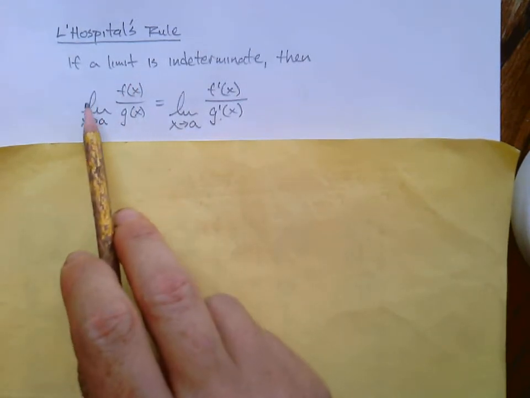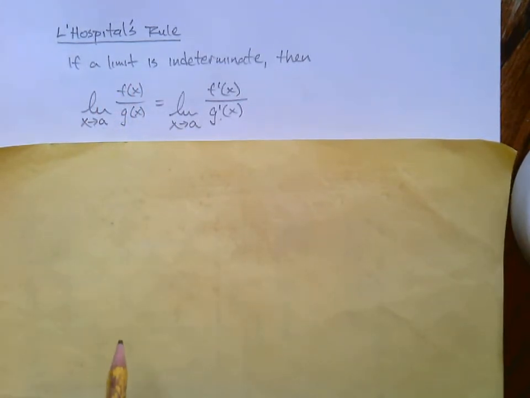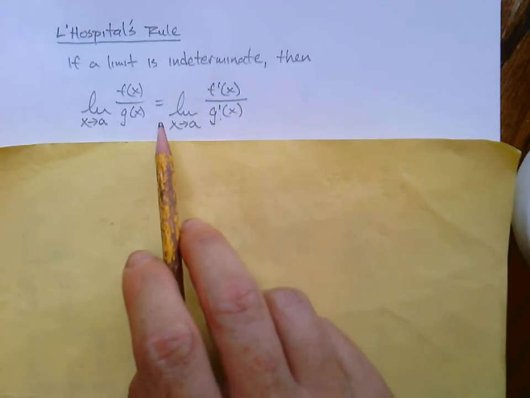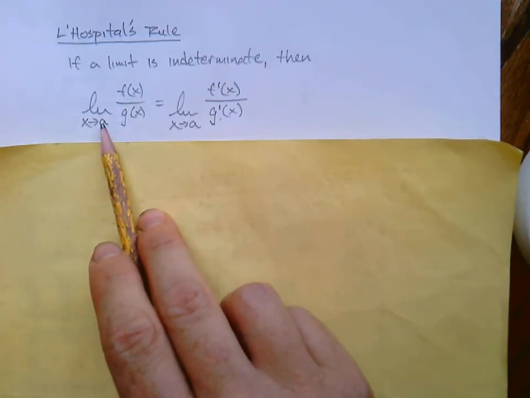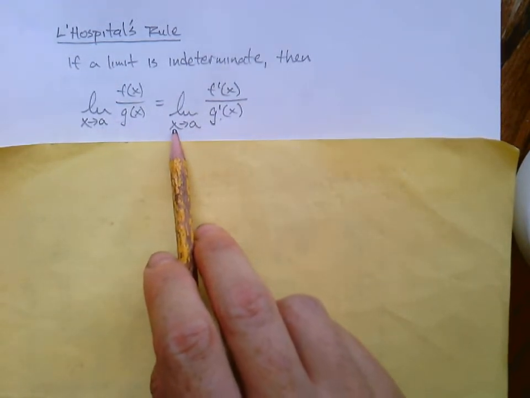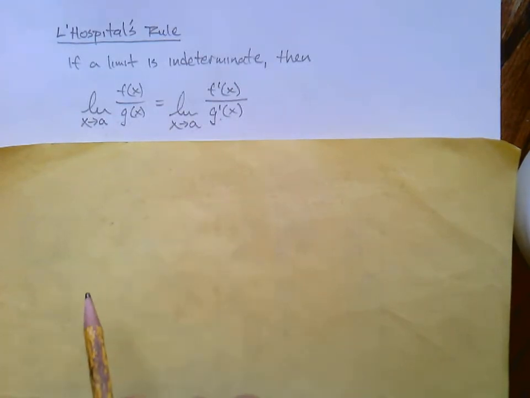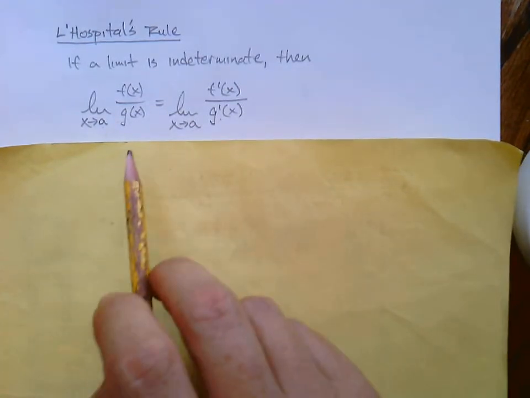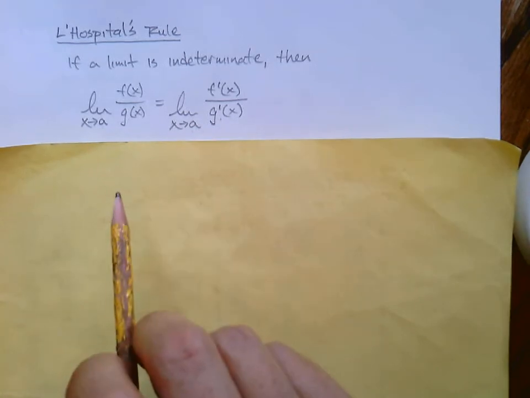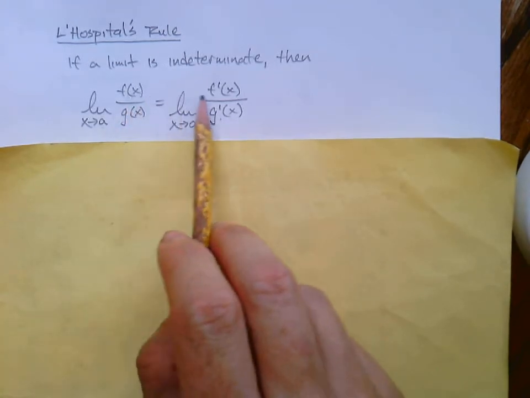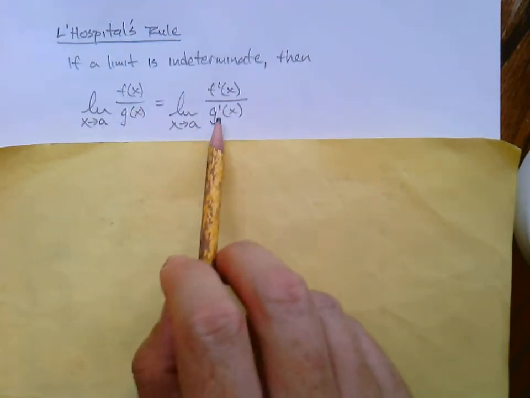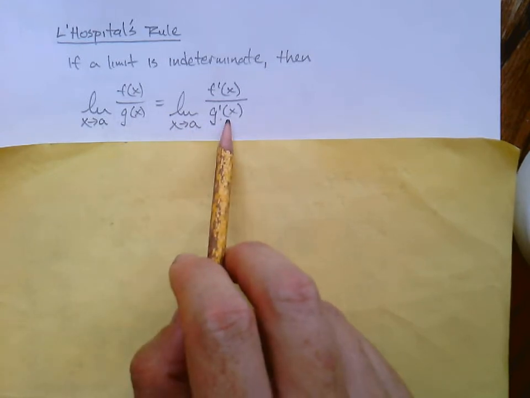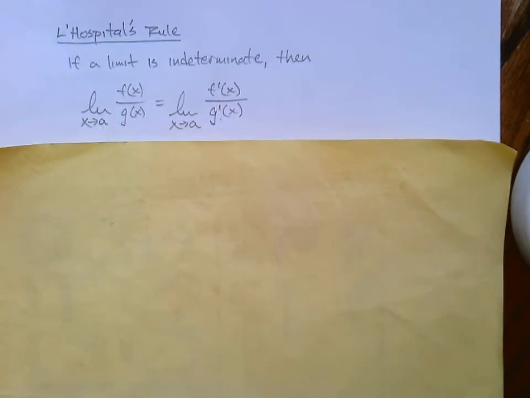If this gives us one of those indeterminate forms, then it's equal to the same limit, still as x approaches a, but check out what happens to the functions. We take the derivative of f of x and put it in a ratio with the derivative of g of x.